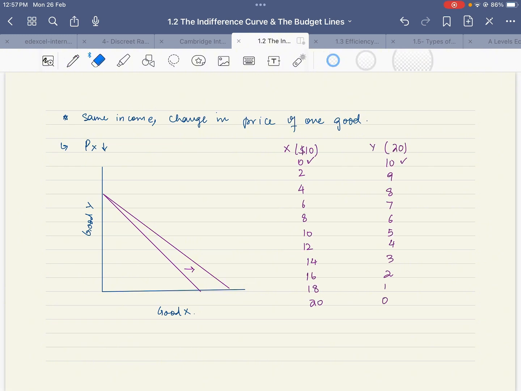If now the price of X is $5, let's see how much we can buy when we have a $200 budget.